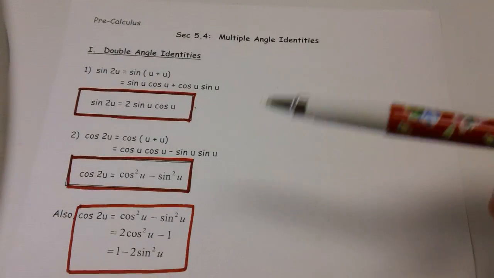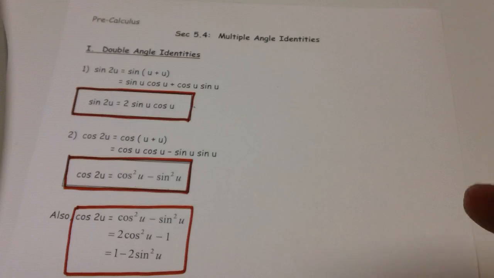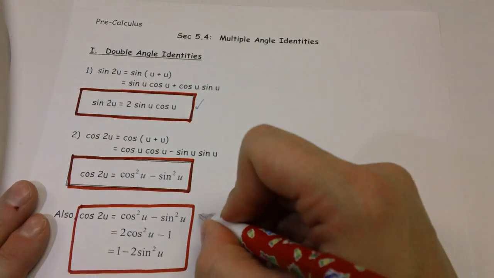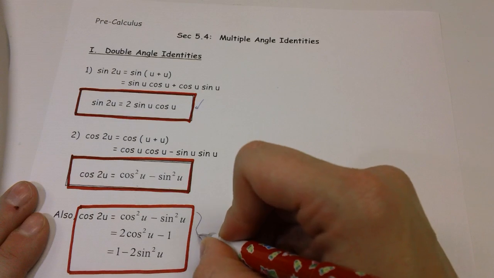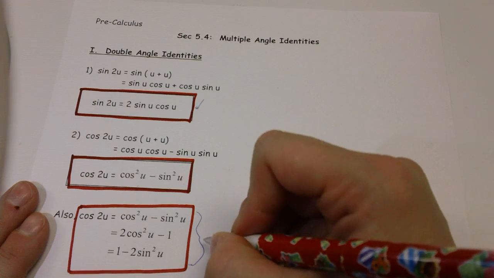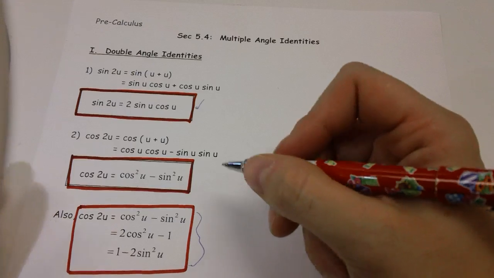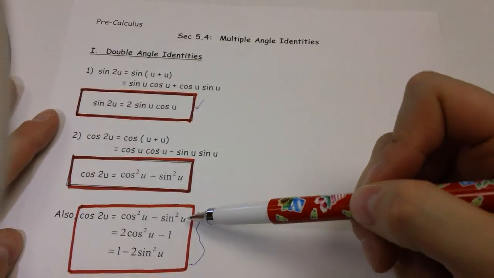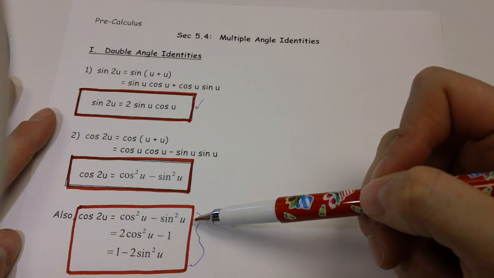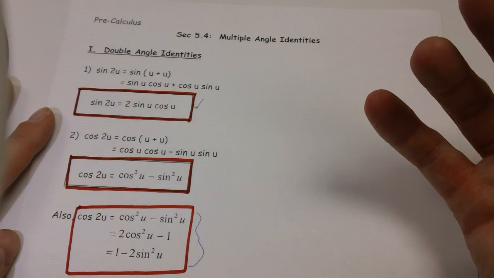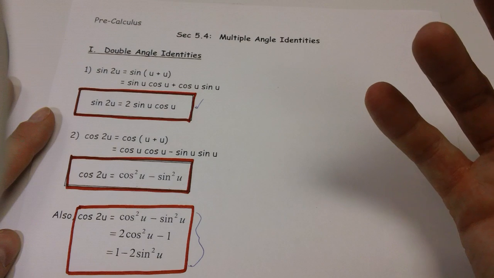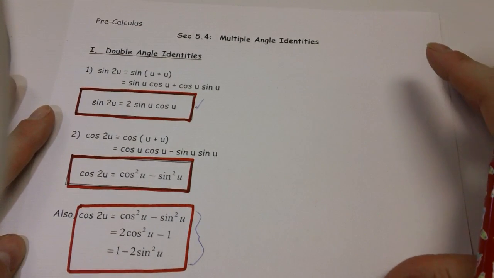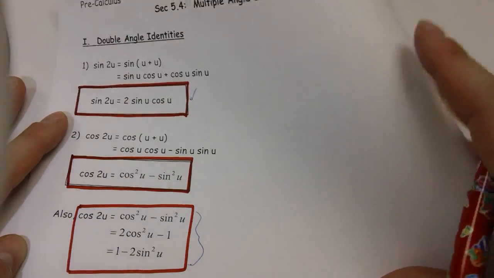So the cosine of 2u ends up having 3 possibilities. The sine of 2u has 1, the cosine of 2u has all 3 of these as options. That's what is a little bit confusing about it. These are just derived by using Pythagorean identities, by substituting, you know, sine squared equals 1 minus cosine squared of x, that kind of thing.